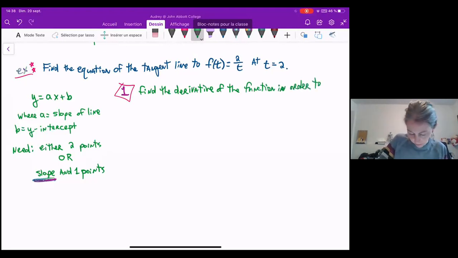Later we're actually going to learn lots of different ways to find the derivative, but right now we only have the limit definition. So we're going to start by doing our limit definition step.